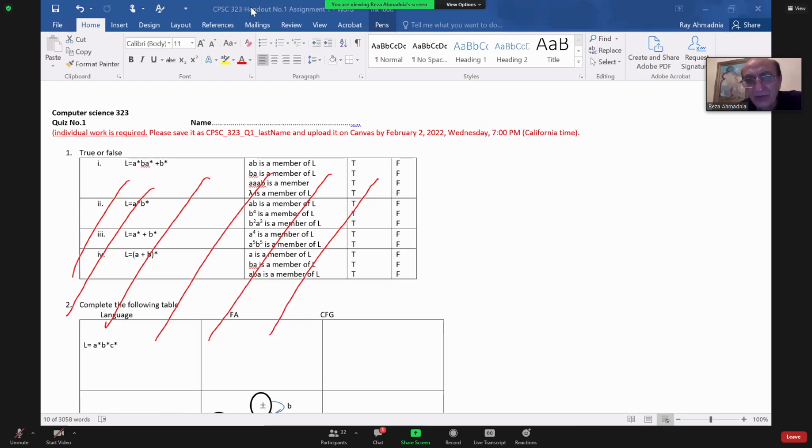Let me show the names of all the students, and then look at this to see if anyone looks familiar to you. Okay, this is the name of all the students in the class.